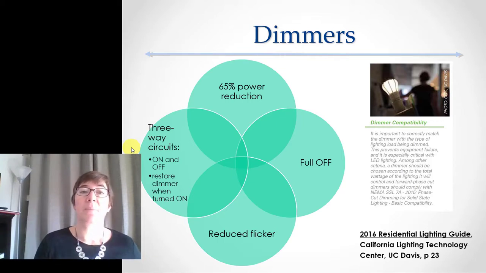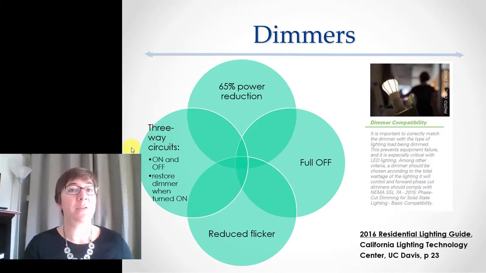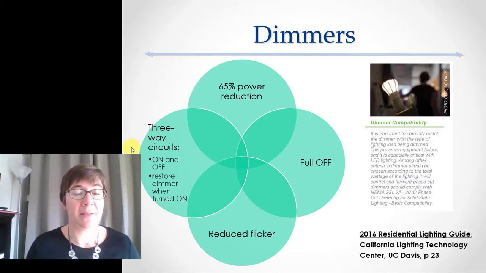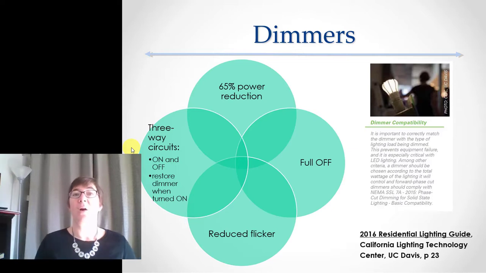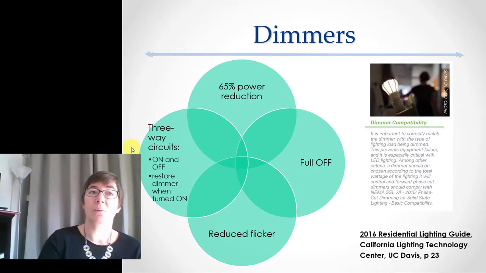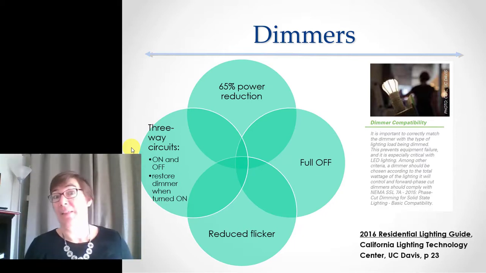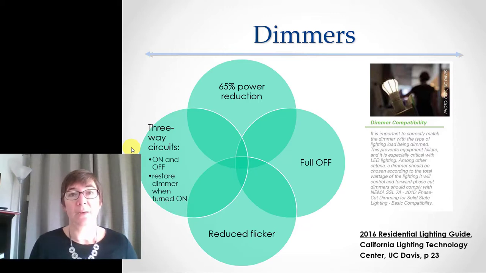And your switch has to restore the dimmer to whatever setting it was last set at when you turn the light on. For example, I have a dimmer in my bathroom and I keep it pretty dim. So I'm using the bathroom, I set it at a dim mode, I turn it off and I walk away. Then later, maybe in the middle of the night, I go in, I turn the light on as I walk into the bathroom.